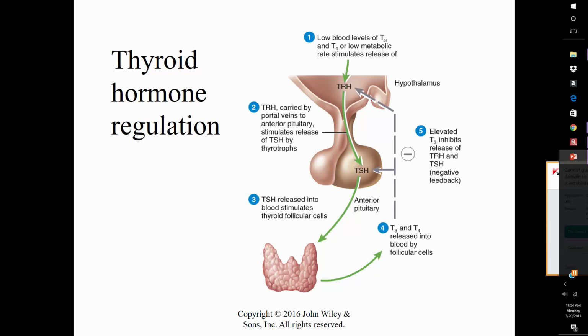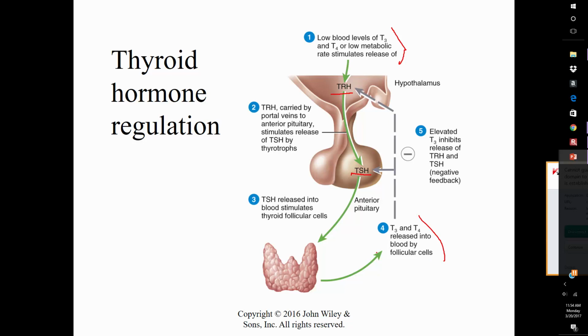So here's the picture from your textbook. If you have low levels of T3 or T4, or your metabolism is low, then you produce TRH from the hypothalamus. It goes through the portal system. You produce TSH from the anterior pituitary. It goes to the thyroid gland, which produces T3 and T4.